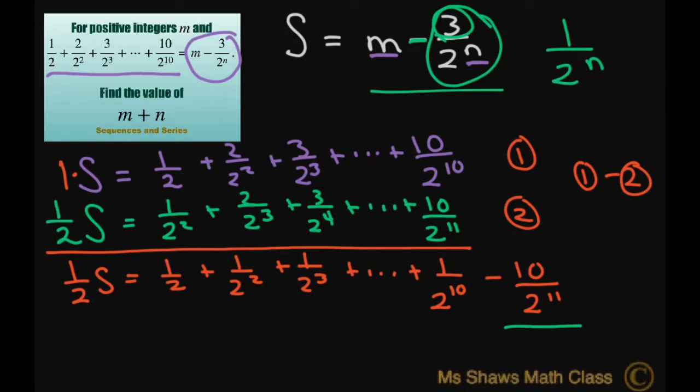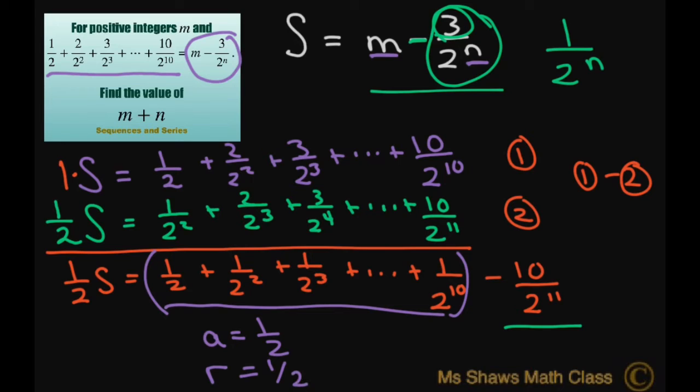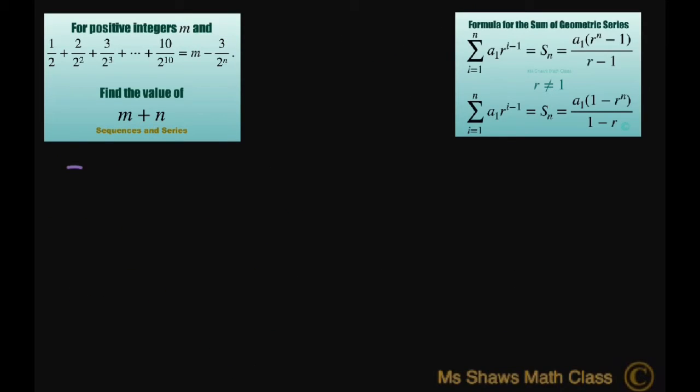And we're going to take the sum of just this part here. Your first term is 1/2, and your common ratio is 1/2 as well. So when you do that, using this formula here, you're going to get 1/2 times (1 minus 1/2 to the power of 10), all divided by 1 minus 1/2.